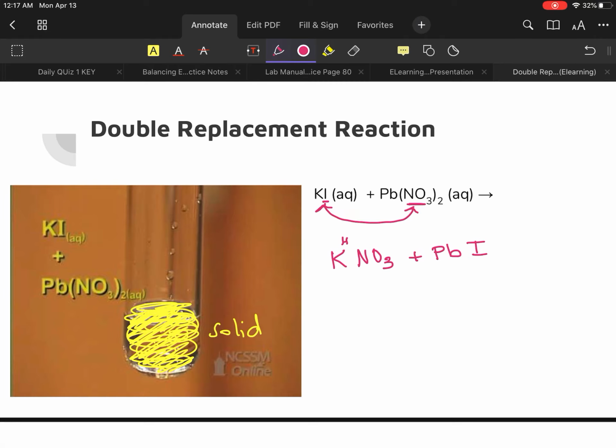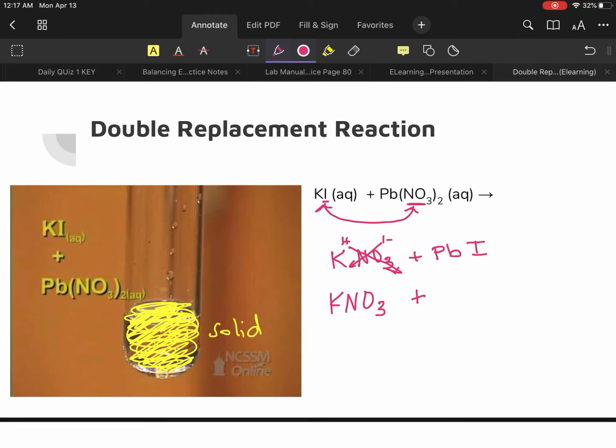So remember, potassium has a 1 plus. If I'm looking at my reference sheet, that page 145, nitrate has a 1 minus. So when they crisscross, it's just 1 and 1. So it's just KNO3 plus lead. Remember, this is a transition metal. It has multiple charge options.